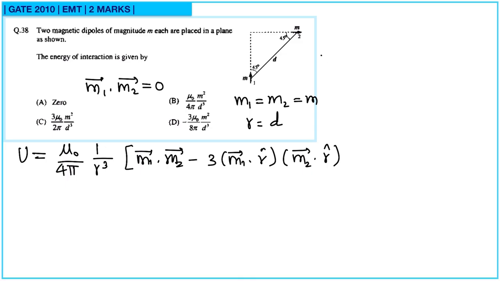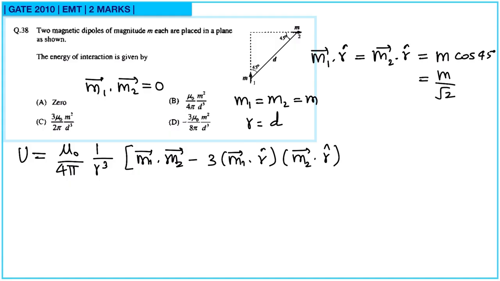And the angle between m1 bar and d is 45 degrees and 45 degrees. So m1 bar dot r cap will be equal to m2 bar dot r cap, which is equal to magnitude of m into magnitude of r cap into cos theta. The magnitude of r cap is 1 and this is cos 45, so this will be equal to m by root 2.